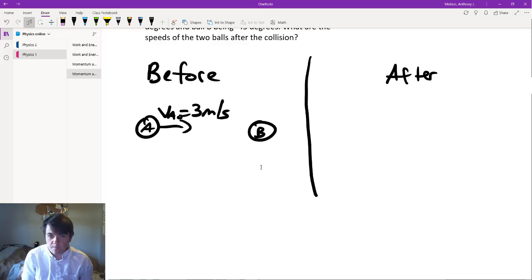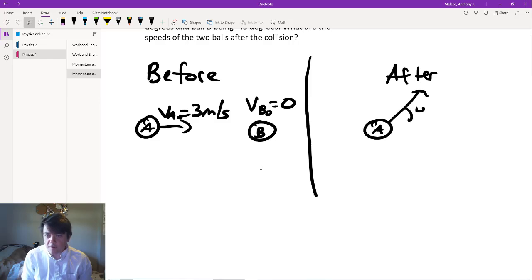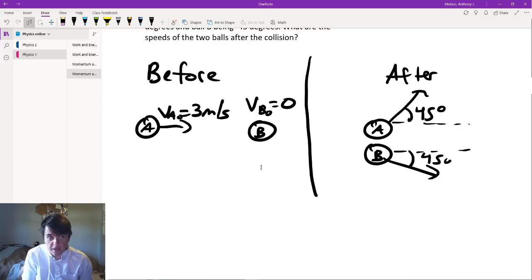You have ball B, which isn't moving at all, 0. After the collision, it says that ball A moves off at plus 45 degrees, and you have ball B also moving off at 45 degrees, but minus.